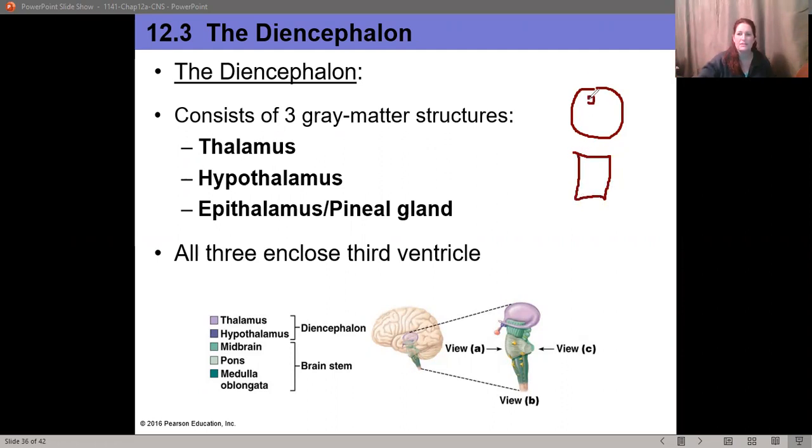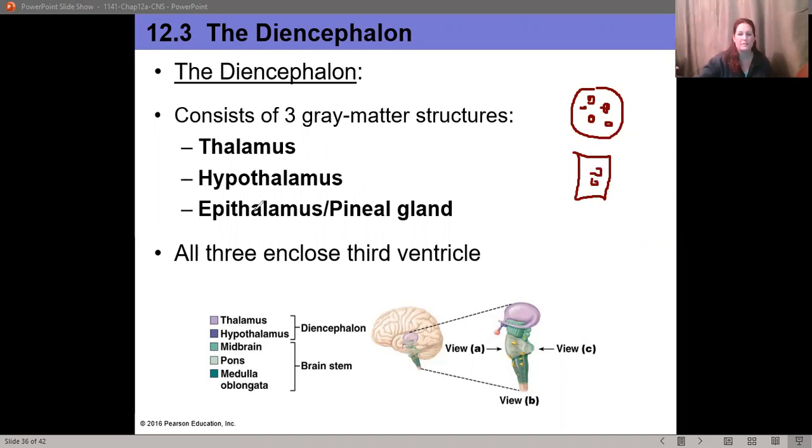But inside each of them, if you think of this as like an Easter egg, it's like putting a bunch of jelly beans inside. And each of those jelly beans is a cluster of cell bodies that is going to perform a specific function for either the thalamus or the hypothalamus.